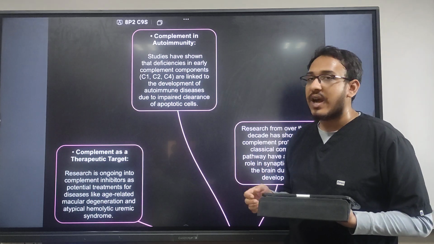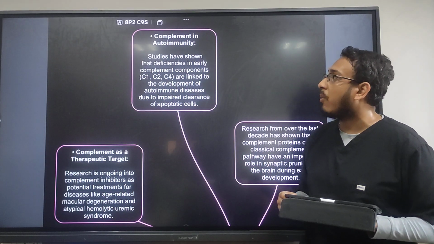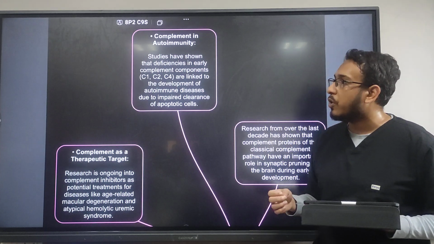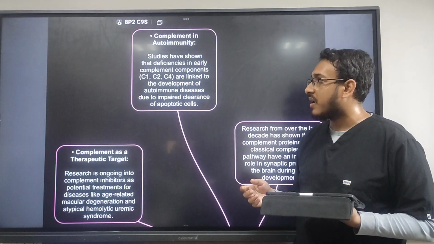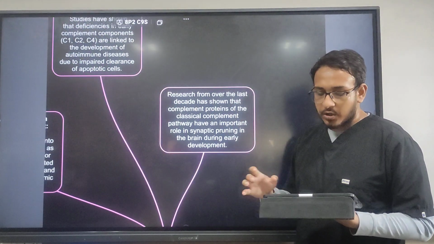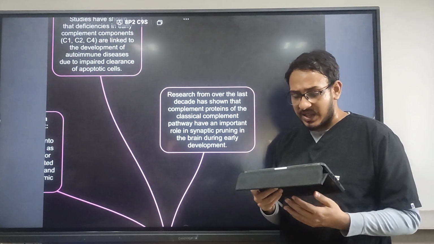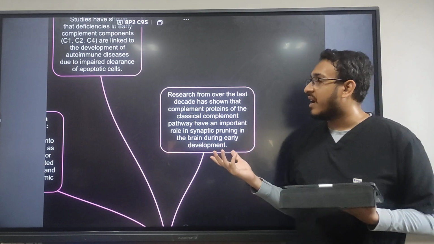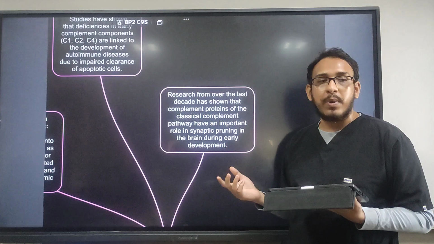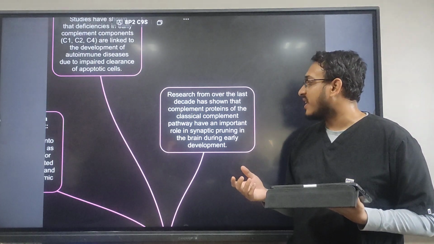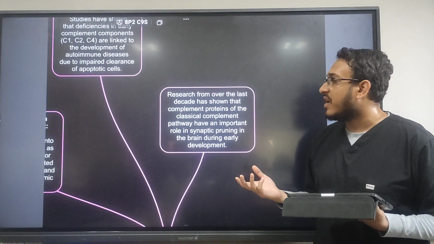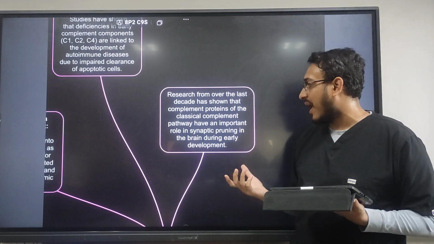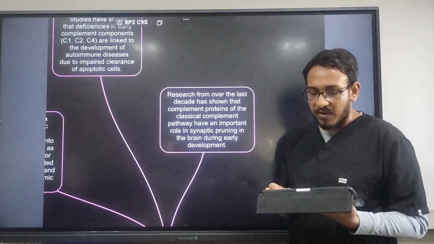So studies have shown that deficiencies in the early complement components are linked to development of autoimmune diseases due to impaired clearance of apoptotic cells. Also, there is some research over the last decade which has shown that the complement proteins of the classical complement pathway have an important role in synapse formation in the brain during early development.